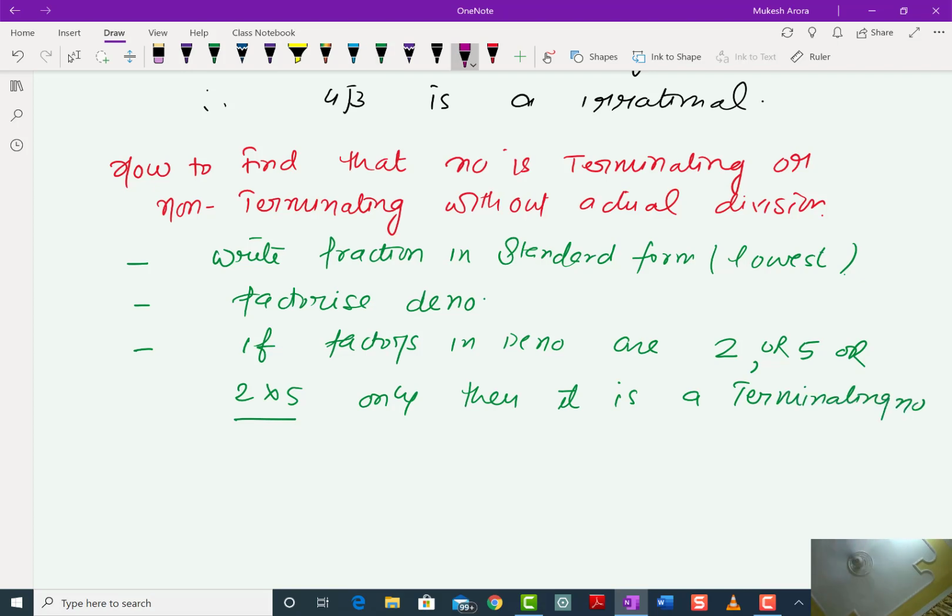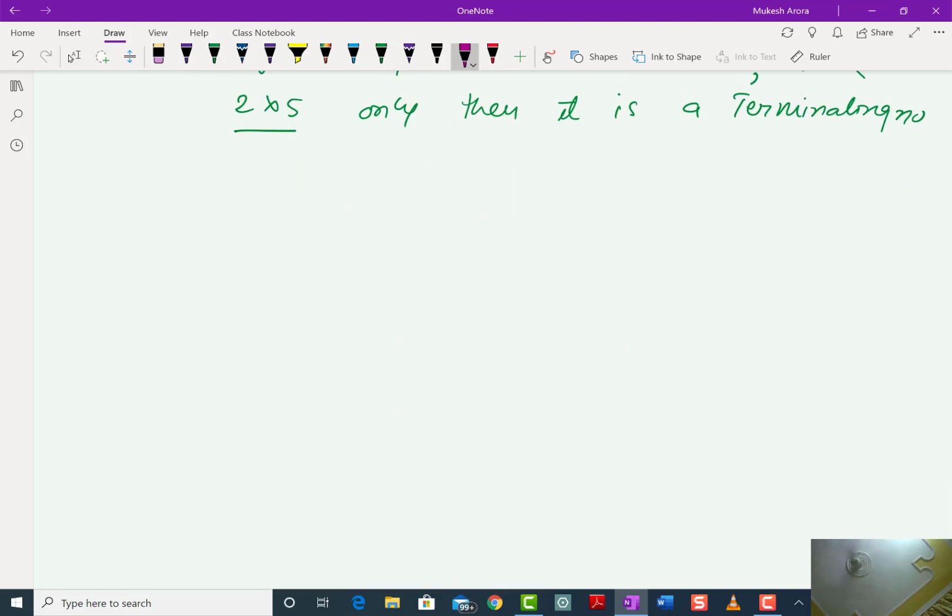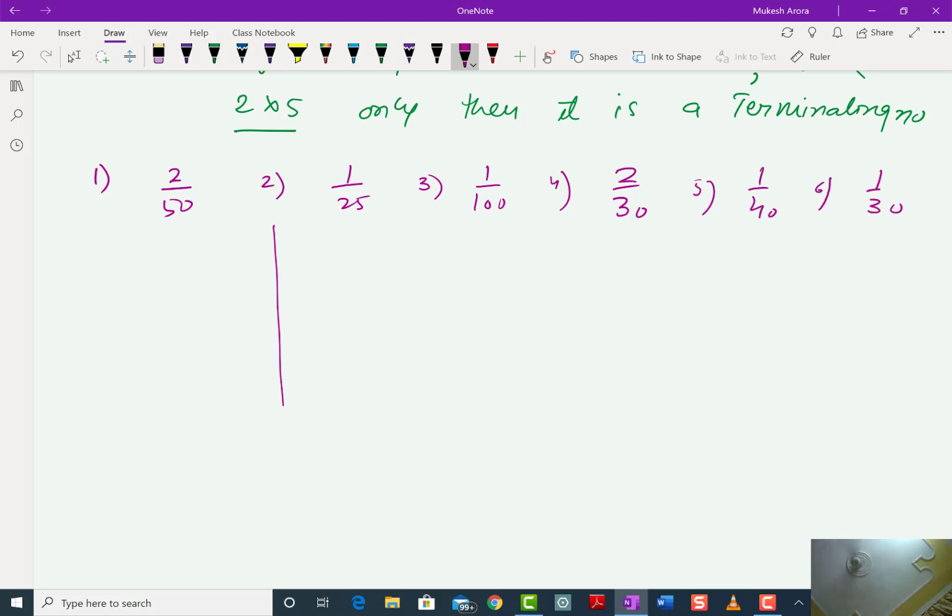Let's solve 2, 3 sums. Question 1, 2 by 50, 2, 1 by 25, 3, 1 by 100, 4, 2 by 30, 5th, 1 by 40, and 6th, 1 by 30. First of all, 1 by 25.